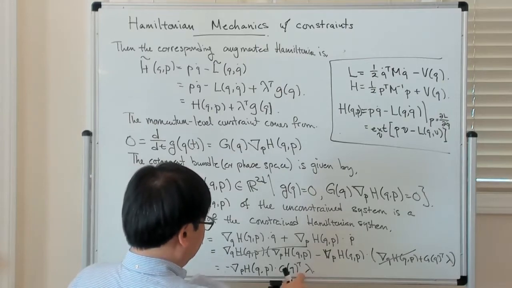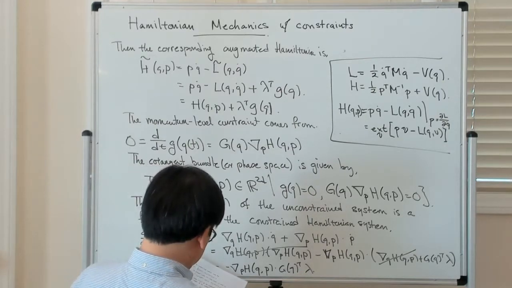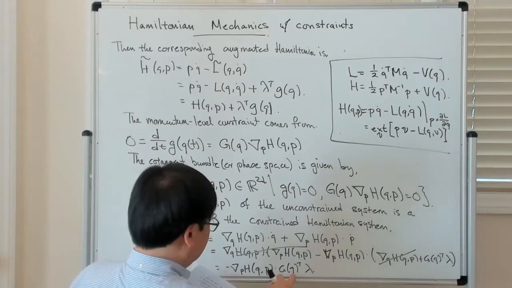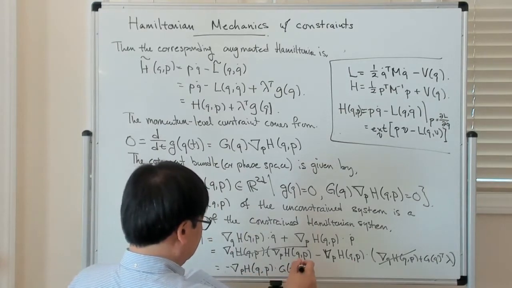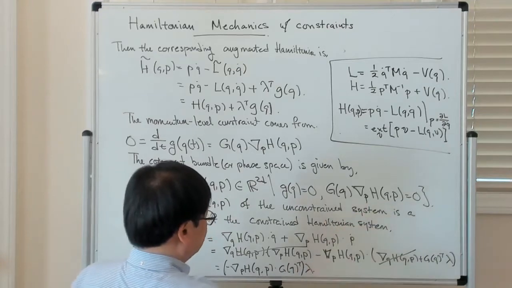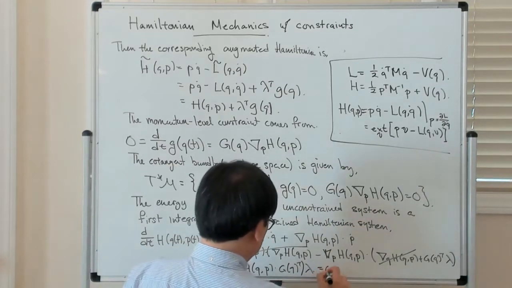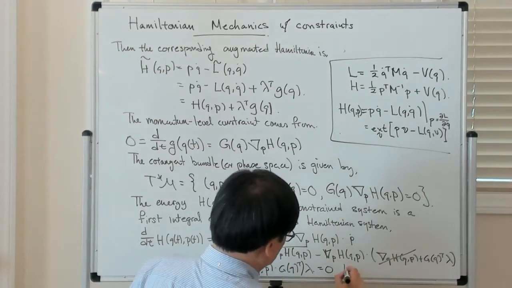Okay, but you can see that this term here, which I'm just going to put in parentheses, is exactly this term, which vanishes. So this is equal to 0 because of this momentum level constraint.